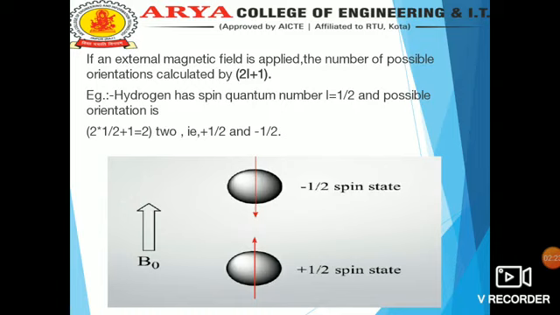If we look at this figure, there is the minus 1 by 2 spin state, and in the outward direction there will be the plus 1 by 2 spin state.